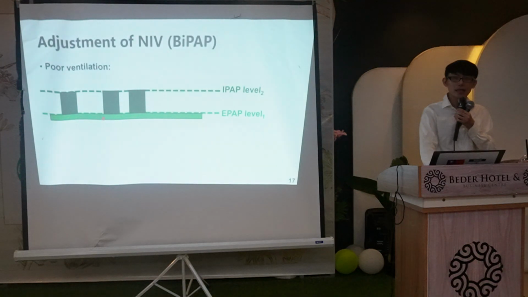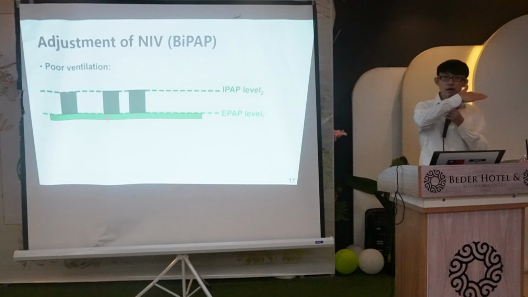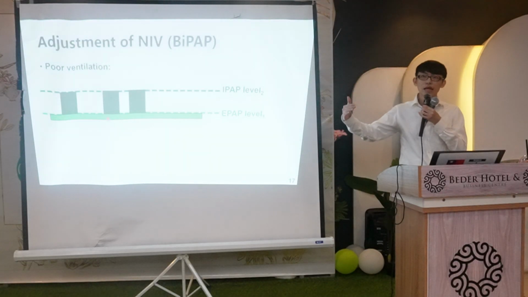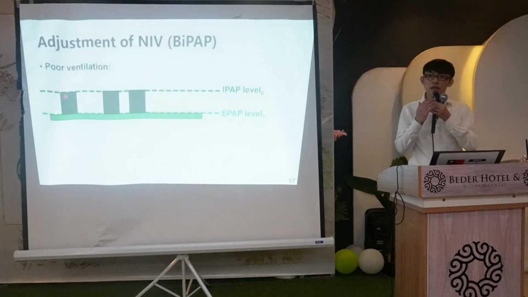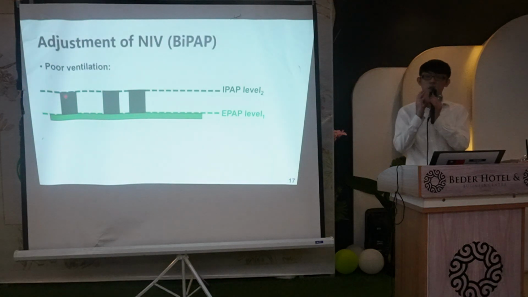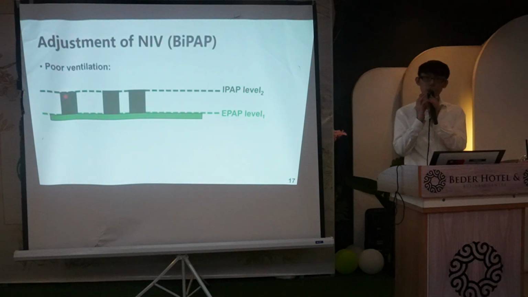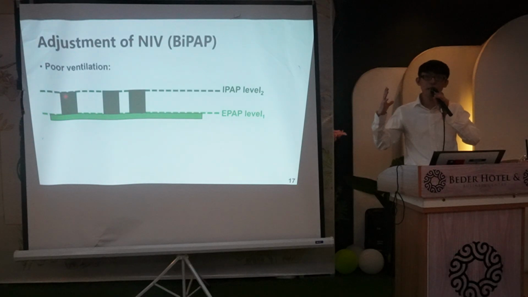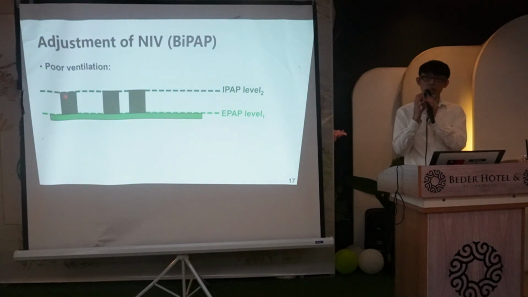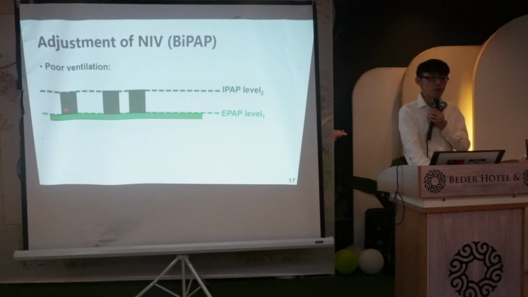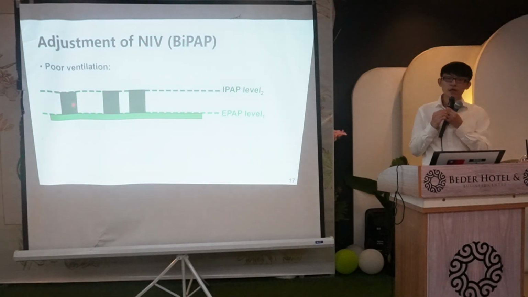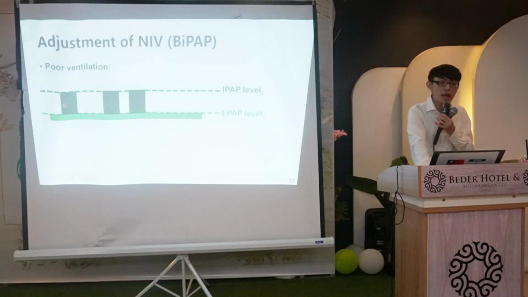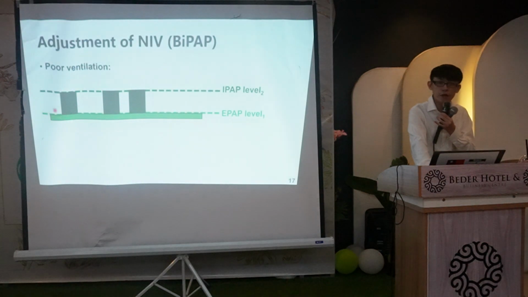Light green is just like CPAP, delivering the same level of pressure, and this pressure is low. Dark green means the alveoli go from expiration, small size, to inspiration, open, and then expiration decreases size again. So the dark green part has ventilation. If we'd like to wash out carbon dioxide, we need to increase the area of this dark green color.